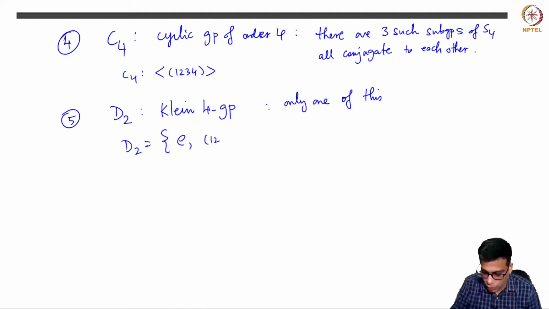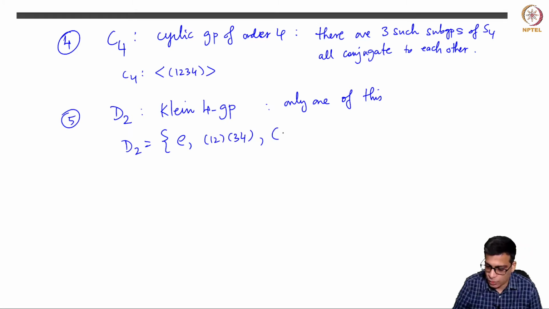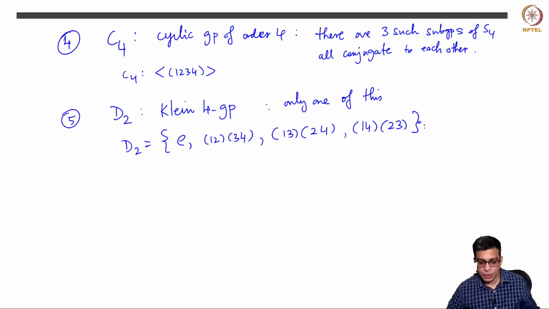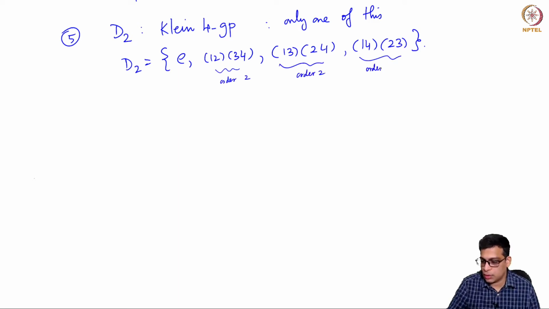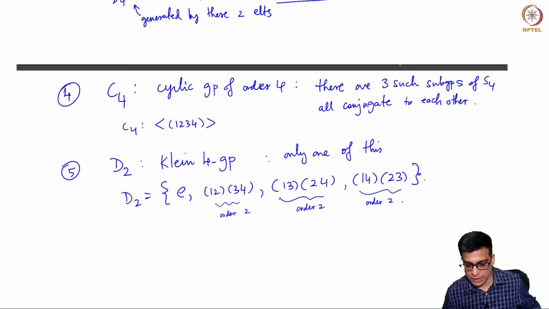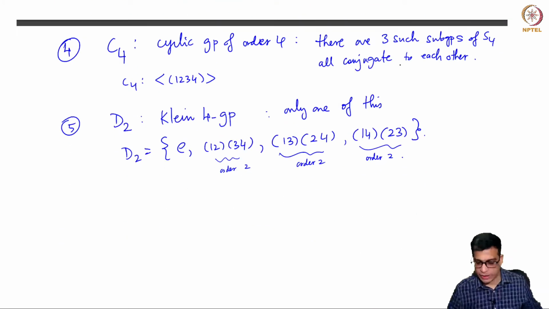So for example, you take (1 2)(3 4), (1 3)(2 4), (1 4)(2 3). Okay, so each has order 2. So this is order 2, this is order 2, this is order 2. So this is a group of order 4, but it is not a cyclic group, it is the Klein 4 group.